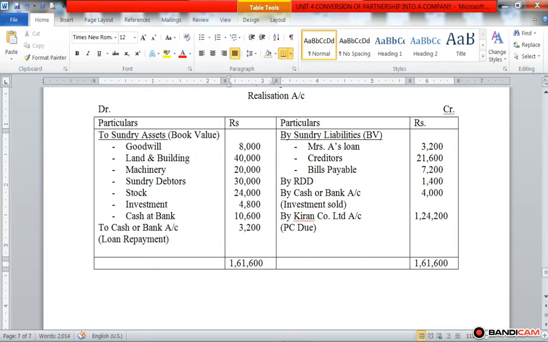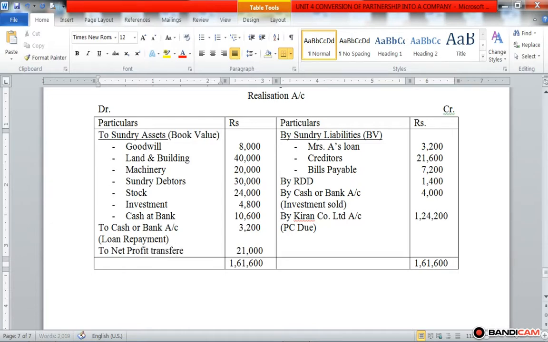So here we get a profit of 21,000. This 21,000 is called net profit.